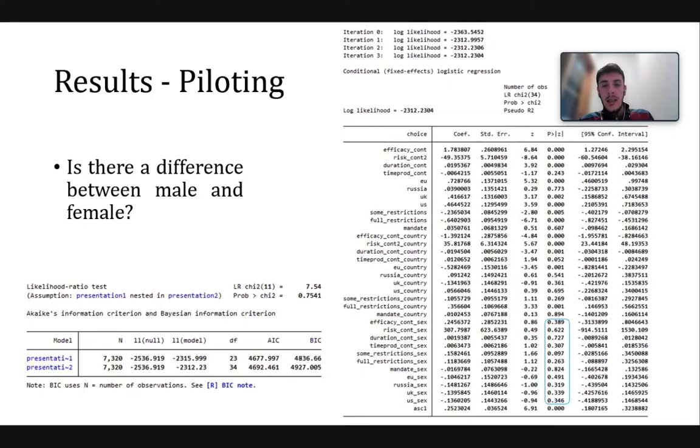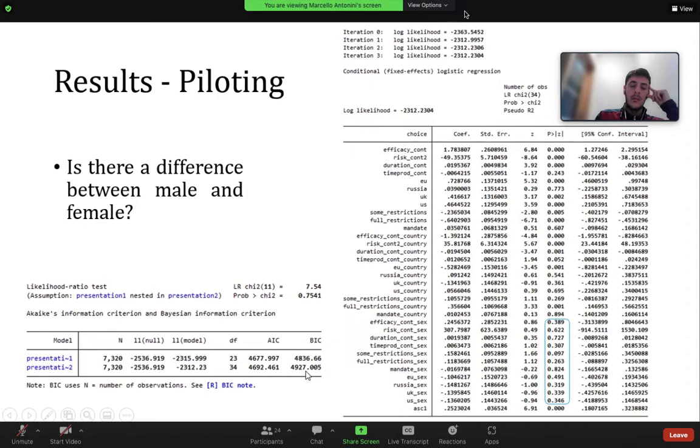And you can see that we fail to reject the null hypothesis of sex being significant, because the likelihood ratio test here is above the significance level that we usually use to reject or not the null hypothesis. Also you can see that the AIC and the BIC results here are actually much higher than the ones that we had before, okay?